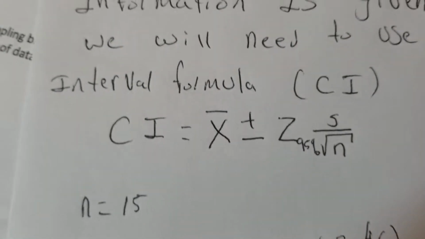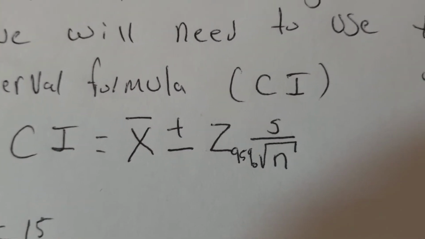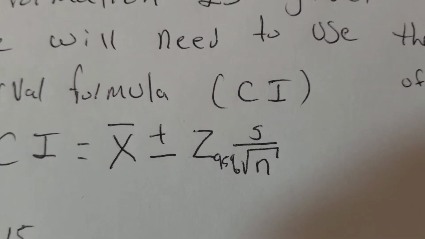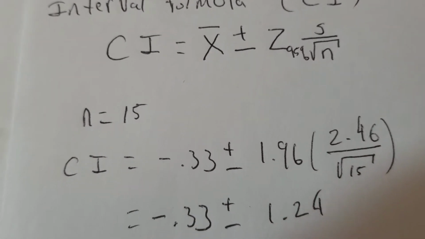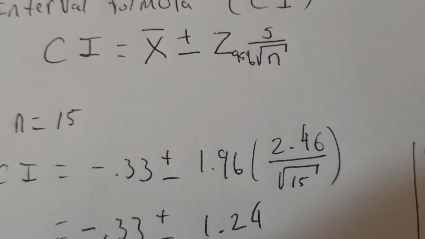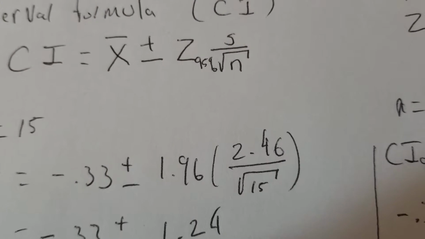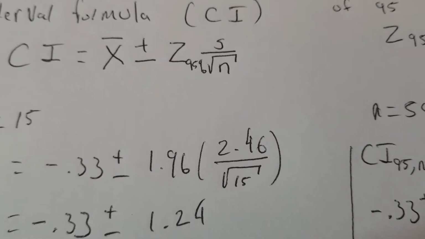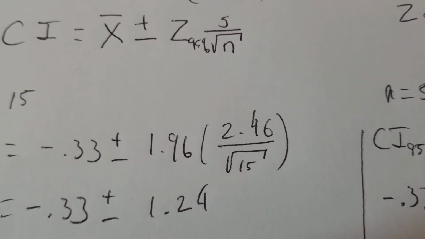So again, our formula is that our confidence interval is our mean value plus and minus our z, multiplied by the sample standard deviation divided by the square root of n. Over here, if n is equal to 15, then our confidence interval is negative 0.33 plus and minus 1.96, that's my z-value, multiplied by 2.46, that's my sample standard deviation, divided by the square root of 15.